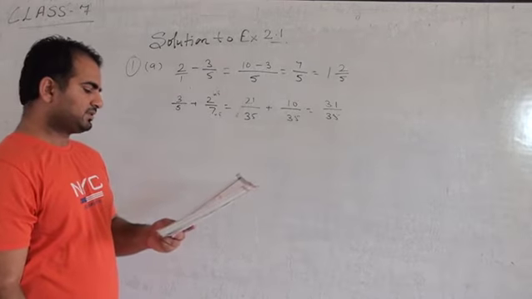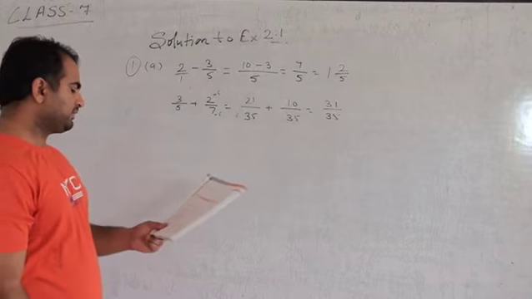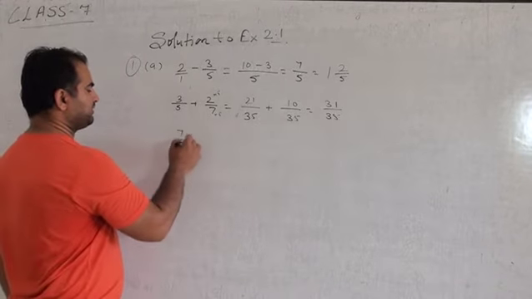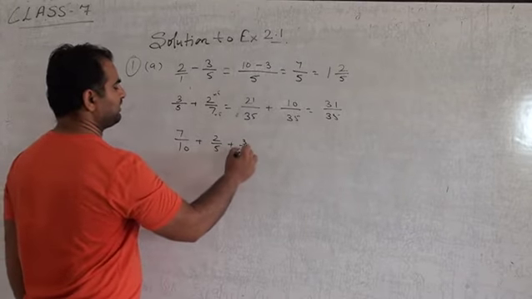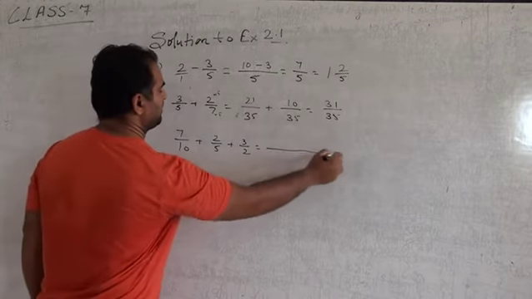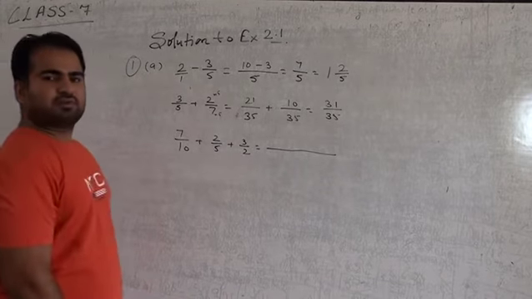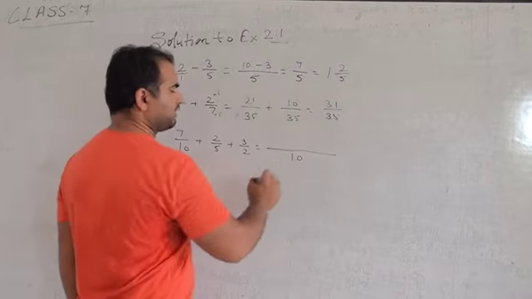Fifth question is 7 upon 10 plus 2 upon 5 plus 3 by 2. So the LCM of 10, 5 and 2 will be 10.